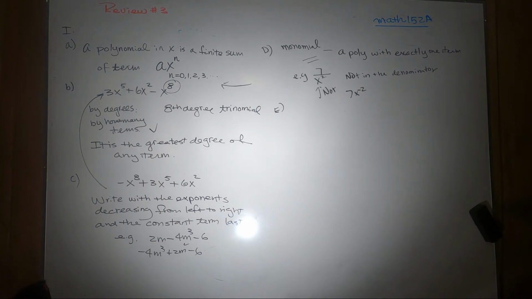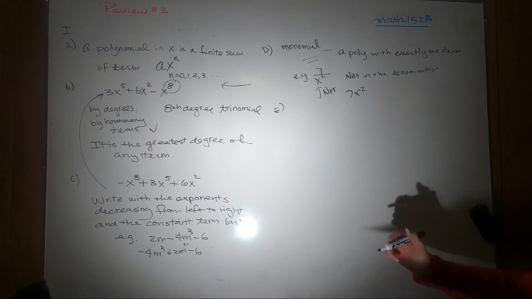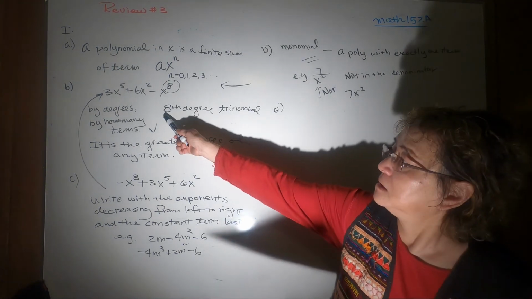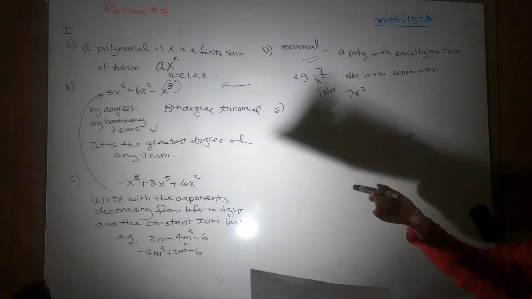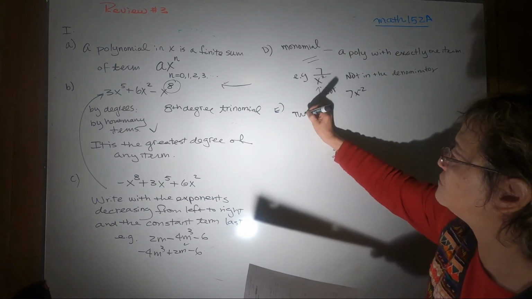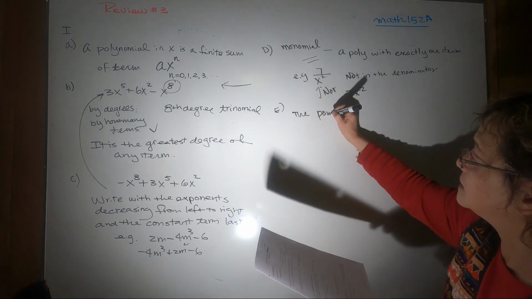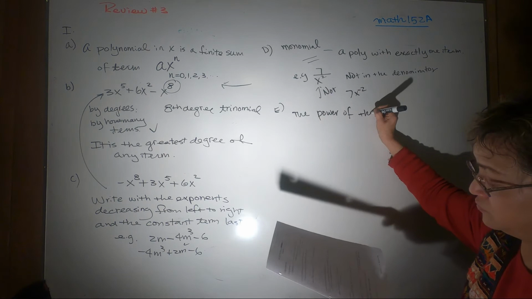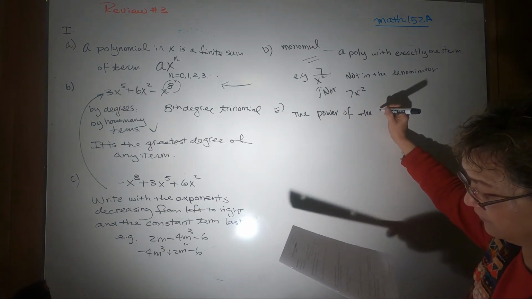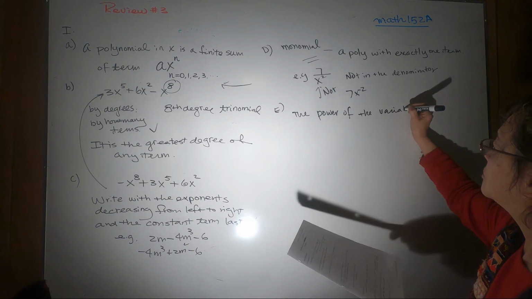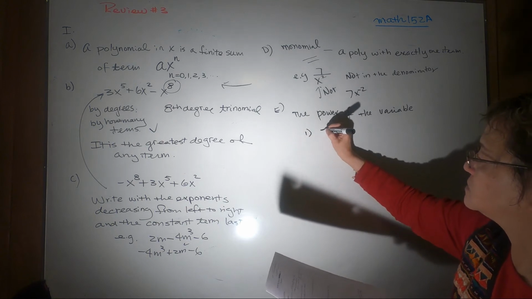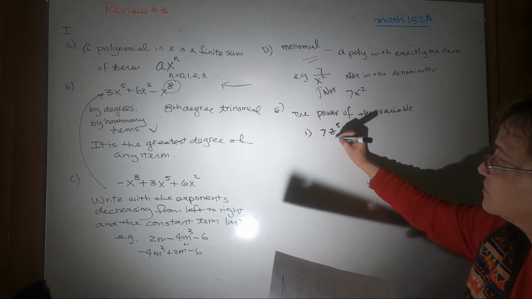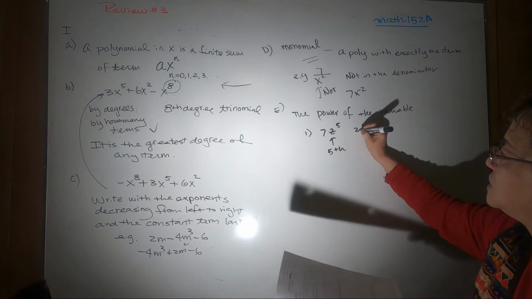Okay. Then next one, how do you find the degree of a monomial in one variable? Degree means the power, right? If it's one variable, it's very easy, that's how high it goes. But if you have more variables, then you have to figure it out, right? If it's just one variable, the degree is their power. So 7z to the fifth, this one would be 5th degree, right?